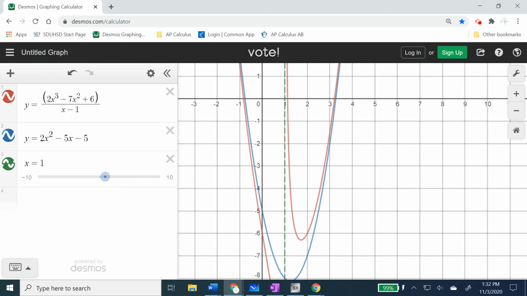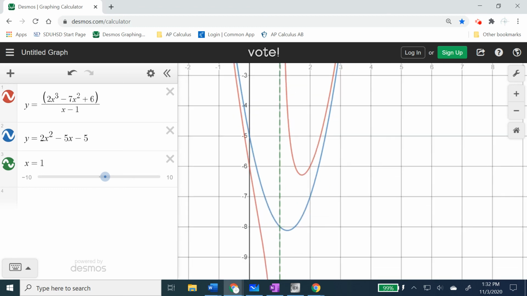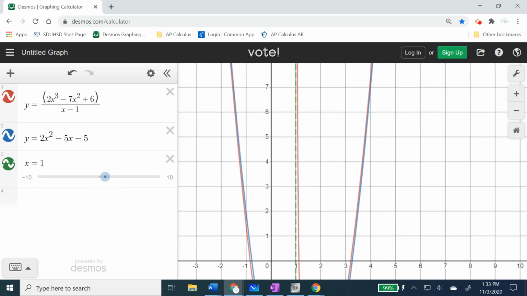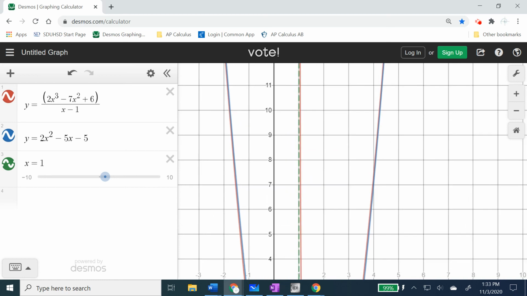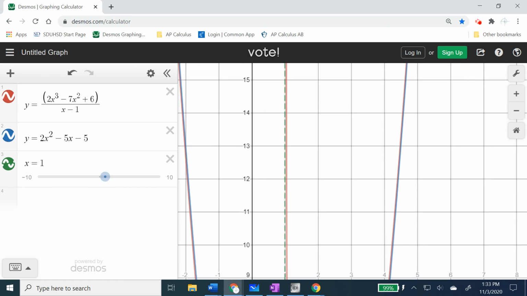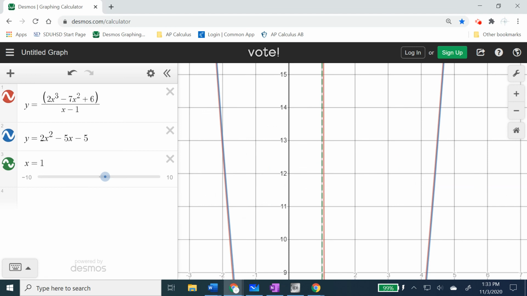But that remainder causes it so that when you're near what makes that denominator 0, the graph just has to fly off to infinities. But when you are at the far right or left end, it is forced to be more and more like that quadratic graph. Isn't that interesting?